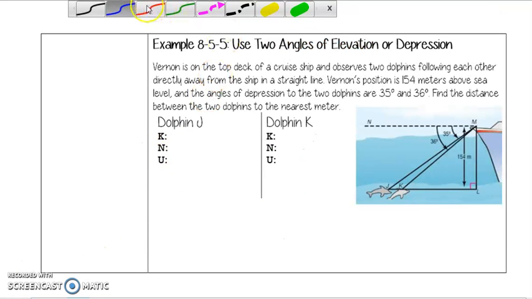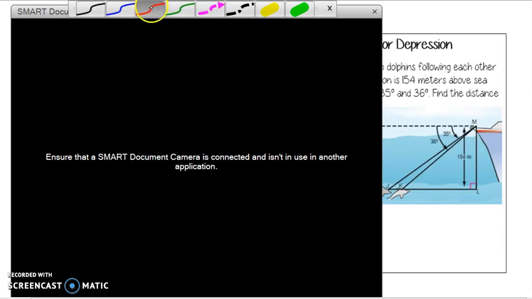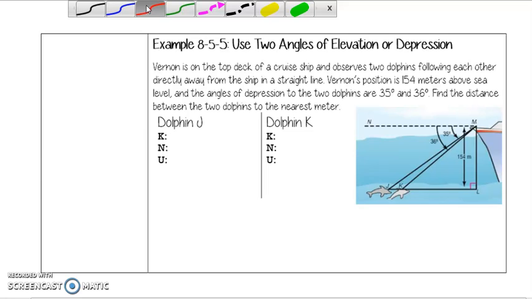Our last one has 2 dolphins here with 2 different degree measures, and we are going to calculate both. Dolphin J is 35 degrees, and dolphin K is 36 degrees.